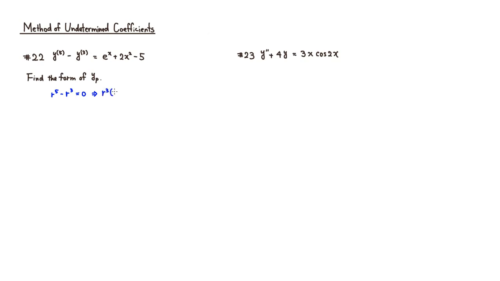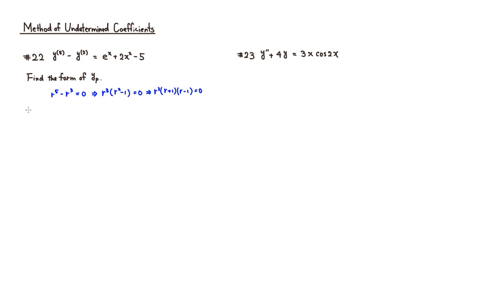So you have r squared minus 1 equal to 0. And we can actually factor out the second part a little bit further. So you have r cubed times quantity r plus 1 times r minus 1 is equal to 0.